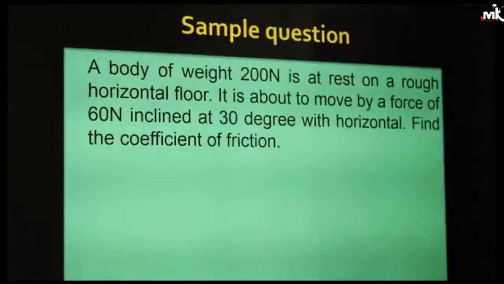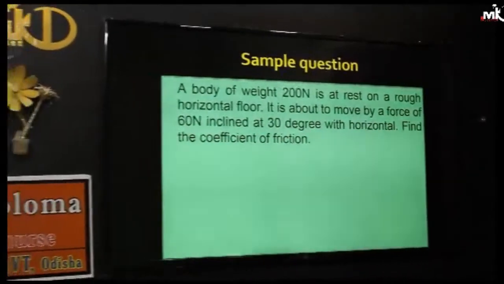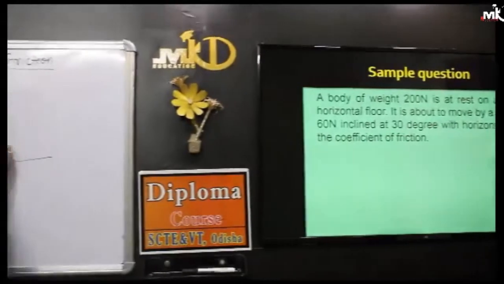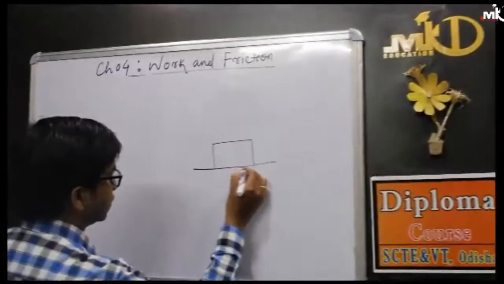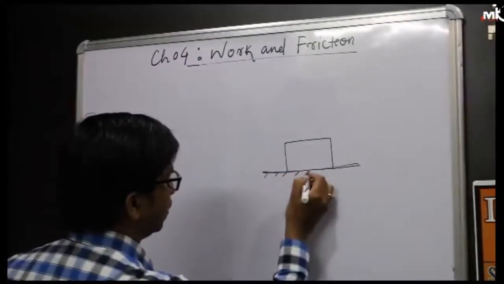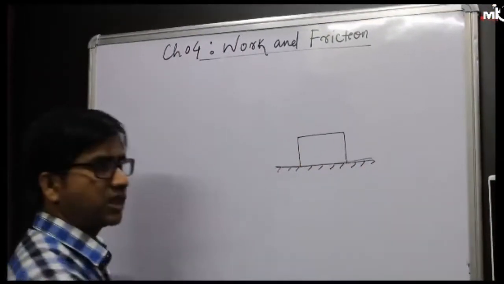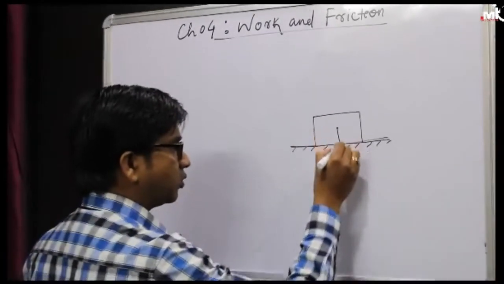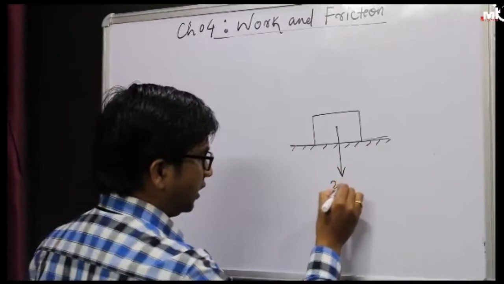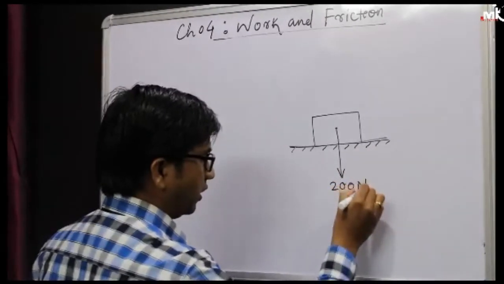So see, according to the question, the body is at rest on a horizontal floor, right? Suppose this is the horizontal floor. The body is at rest, and the weight of the body is 200 Newton, right? So 200 Newton means it is acting vertically downward.